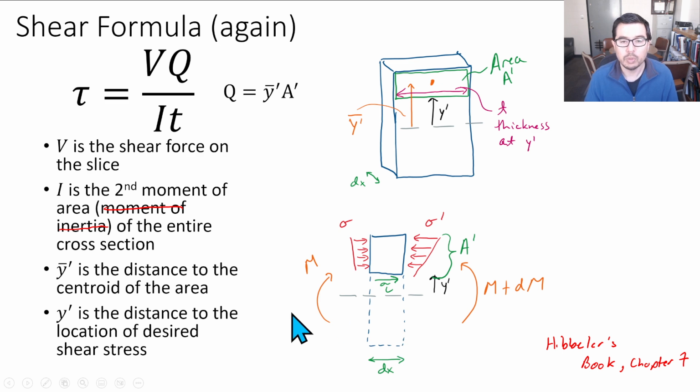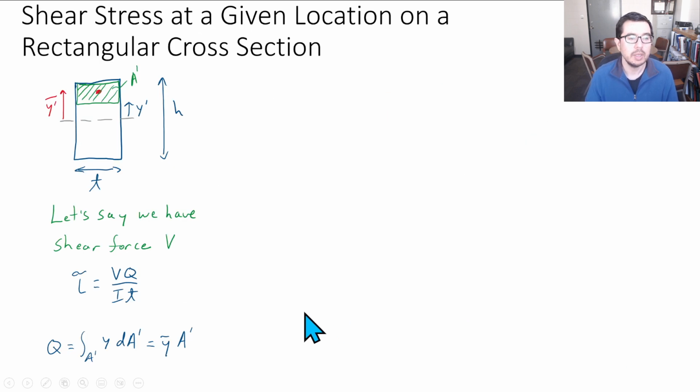So let's do an example with a rectangular cross section. And you're like, well, we kind of already did this. Yeah, we kind of did. We had a question at the end of the last portion where we found the Q when you're interested in the shear stress at the neutral axis.